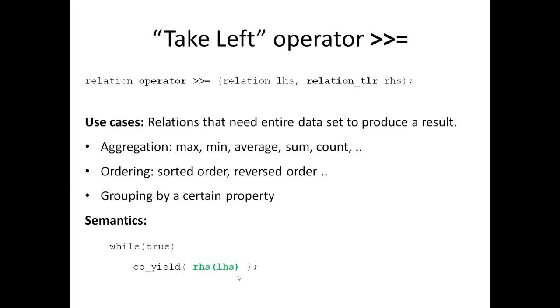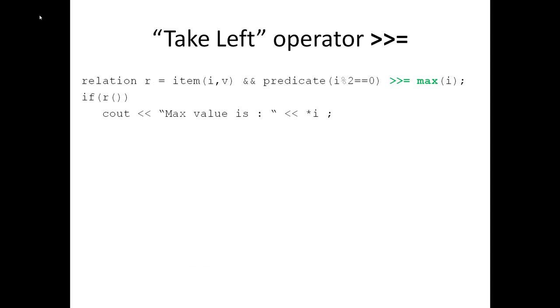So let's take a look at some example of using this operator. Let's take a look at the simple example to understand the usage and workings of the take left operator along with TLRs. In this example, I'm using the TLR max. This expression here will give you the largest even number in the vector v.